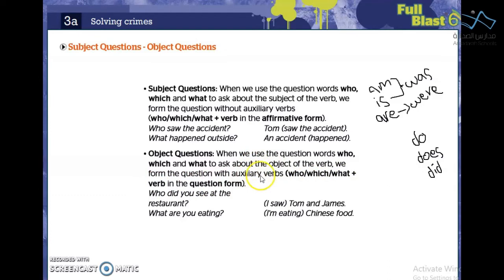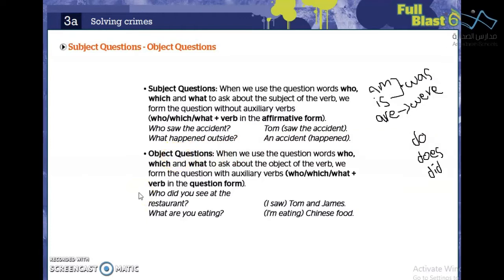What is written here makes us go back to the auxiliary verbs I explained earlier. Am, is, are, was, were, do, does, did. And these are just a part of the auxiliary verbs we need to use in object questions. Examples.